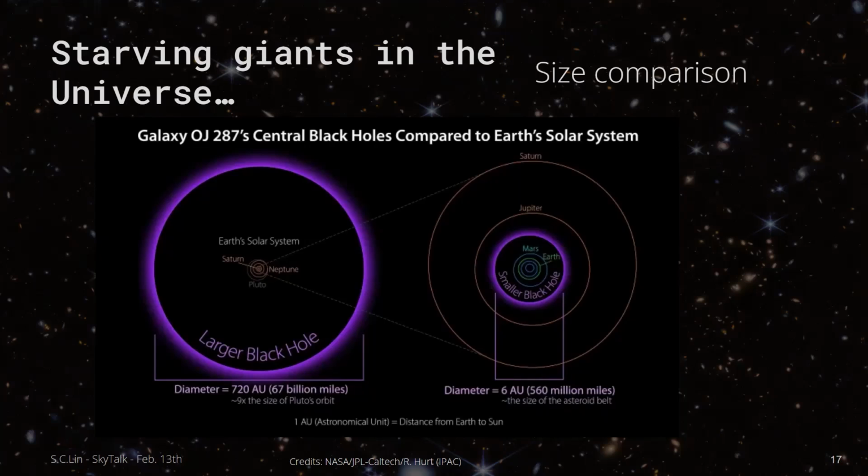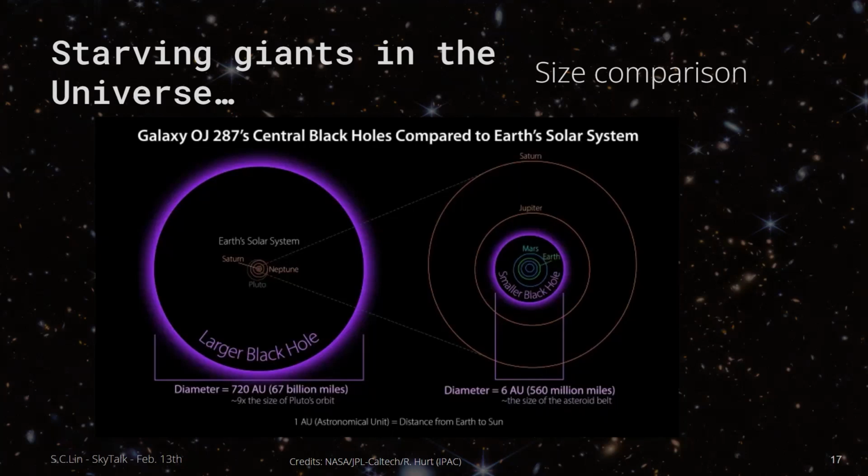Compare that to our solar system, where we have the Earth in the green orbit, and then Jupiter and Saturn. So this is a normal stellar mass black hole you'll find in the universe. But compared to the supermassive black hole, it's just extremely small.